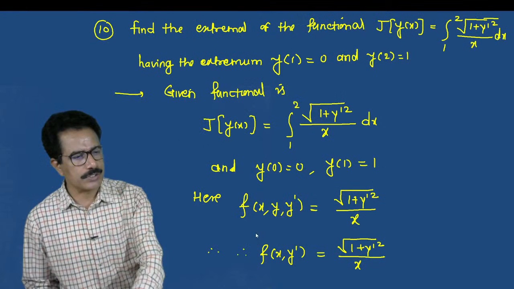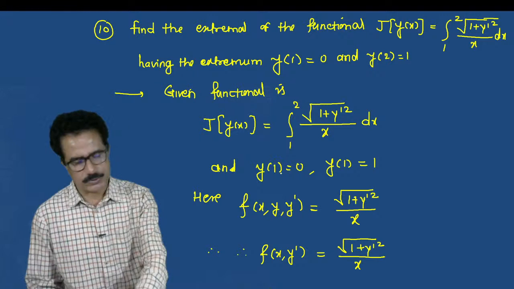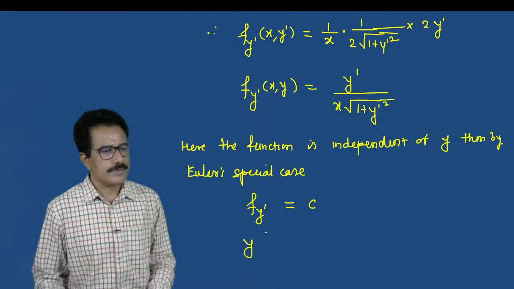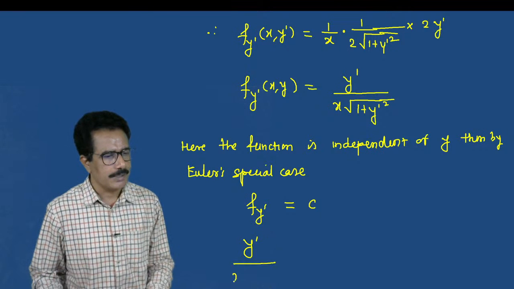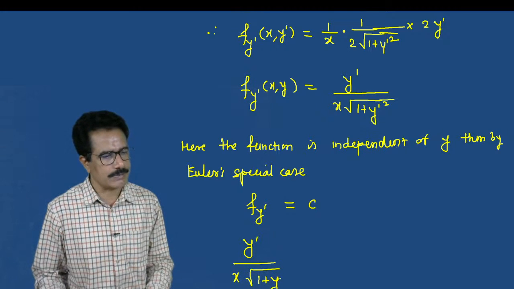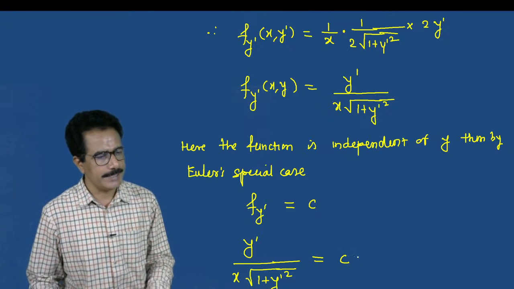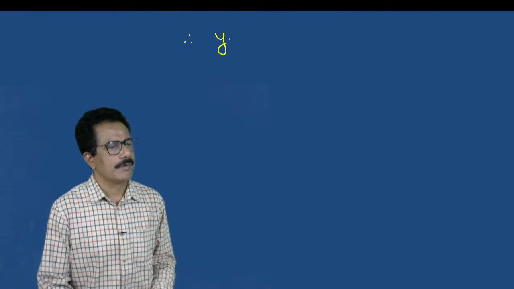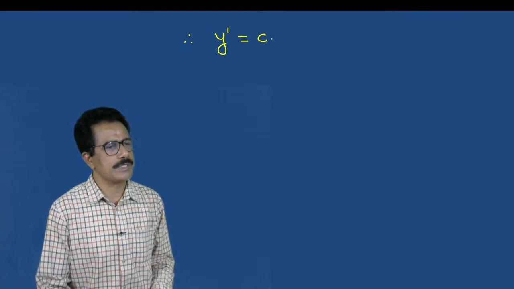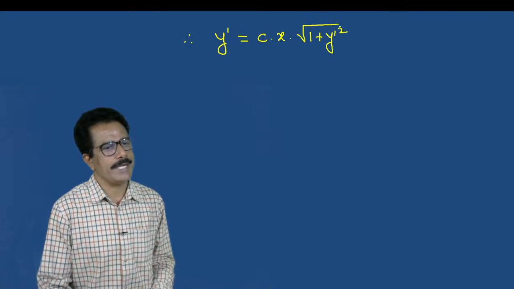So c is 0? Okay, बरोबर आहे. So f y dash is y dash divided by x into root of 1 plus y dash square, which is equal to c. Is it okay? So y dash equals to c into x into root of 1 plus y dash square.